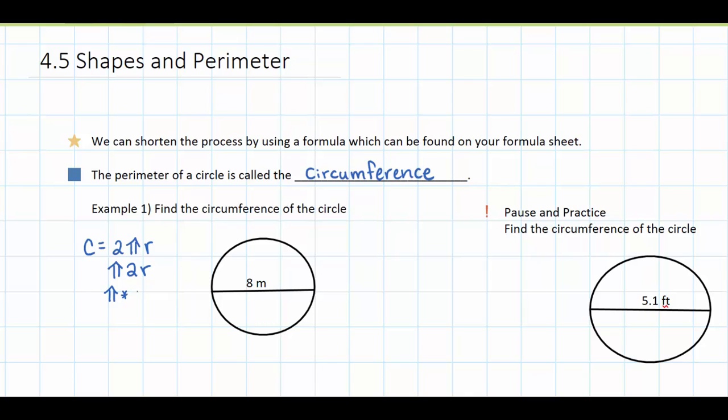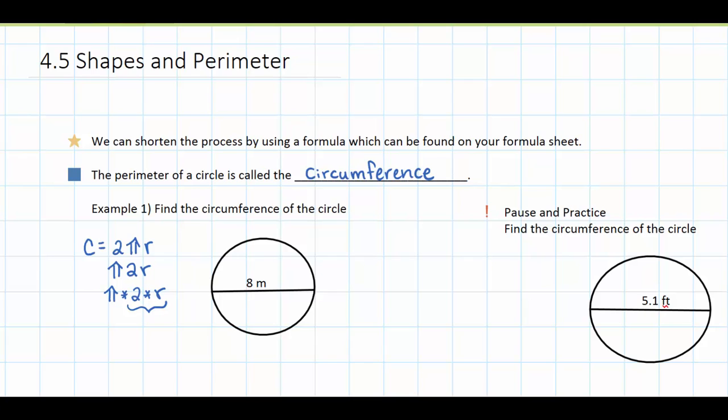So this is pi times 2 times radius. Let's take 2 times the radius first. Well, in our example picture, we're given the diameter of 8 meters. Well, half the diameter is the radius, 4 meters, but we're still going to double the radius for 8 meters.